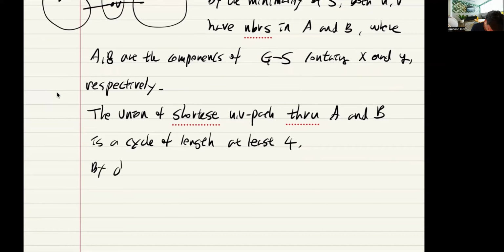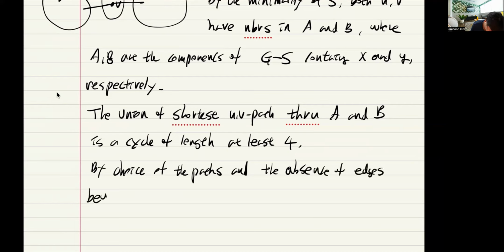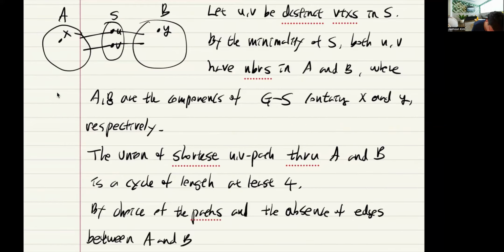And by the choice of the paths, we choose the shortest ones, and because there are no edges between A and B, once we have such a cycle, there are no edges between these vertices. If we had an edge here, then we would take a shorter one, right? Because this is shortest.